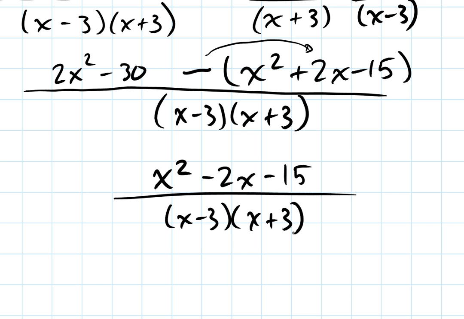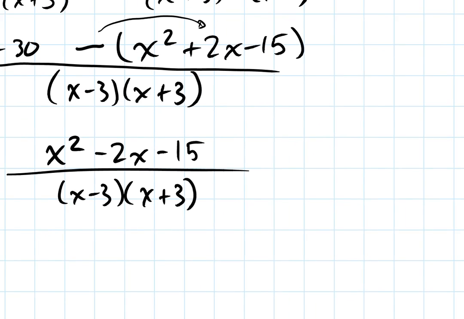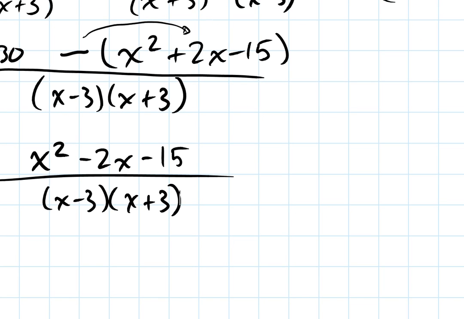It is a good idea to take a moment and look at this and see if there are any common factors. So I'm going to go ahead and factor this numerator just to check if it has something in common with the denominator. If I factor this numerator, it is an x, and I'm looking at the factors of 15, which are 1, 3, and 5.